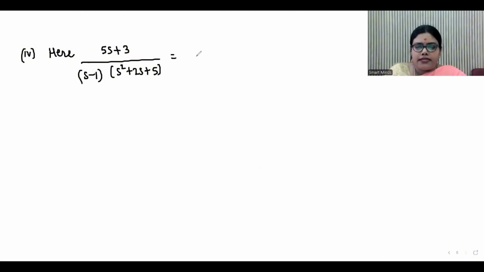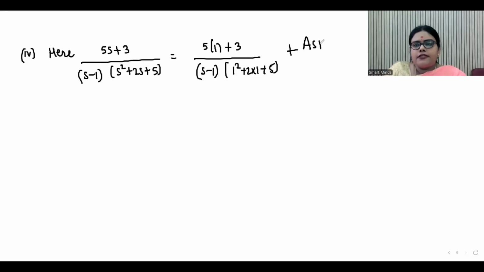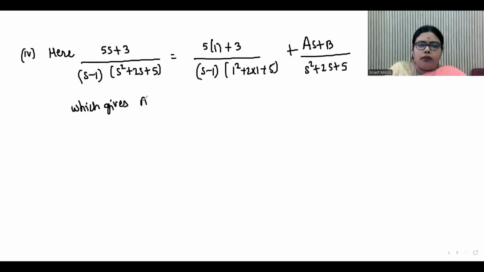Now here, if I put s equal to 1, what do you get? (5 into 1 plus 3) by (s minus 1) into (1^2 plus 2 into 1 plus 5) plus (As plus B) by (s^2 plus 2s plus 5). Here we are separating this into partial fractions. Now if you solve it the same way as the last problem, you will get A is equal to minus 1 and B is equal to 2.